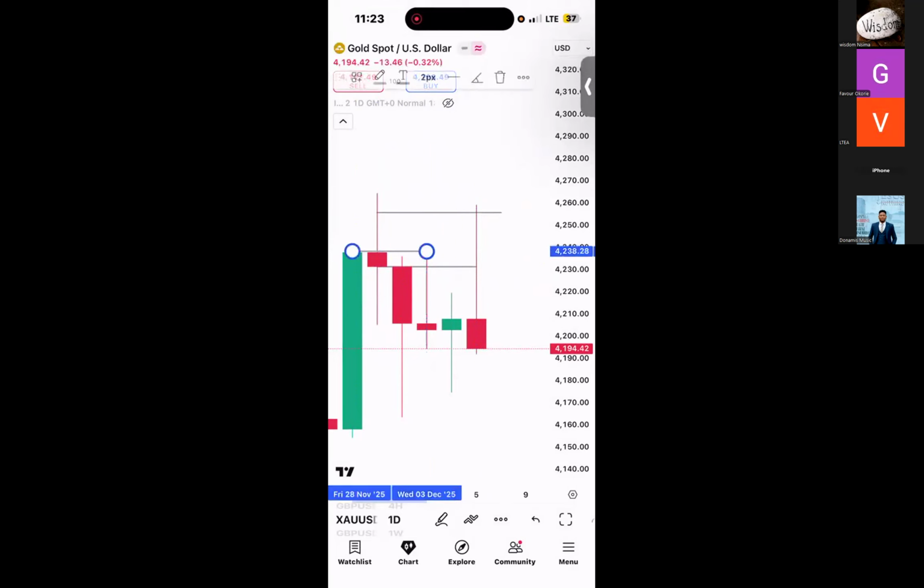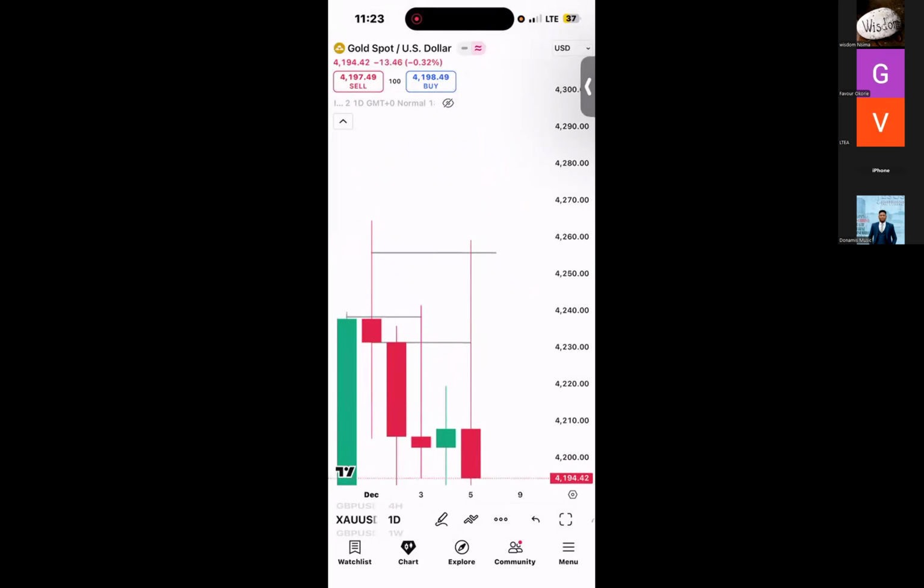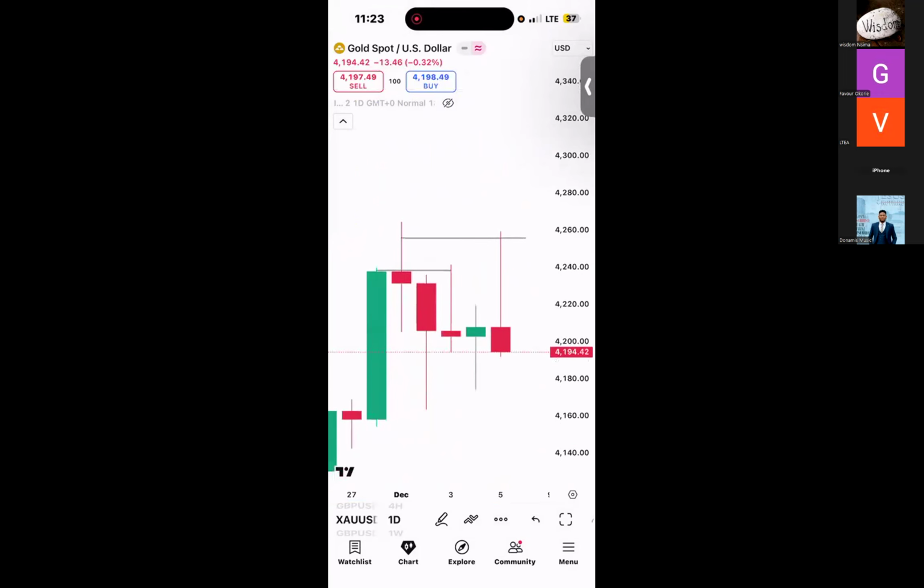Now, price came there or to the open and close level. It doesn't matter. It reacts. What the price did, it took liquidity off that high, then reacted to that level, failed to close above that red candle, which also tells us that price wants to go down. Now, to where? We don't know.